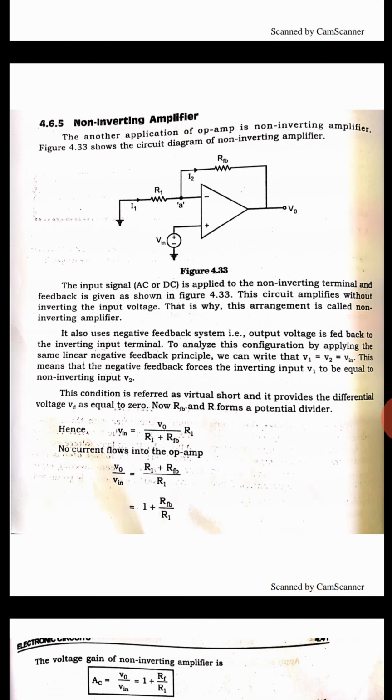Here the junction point of R1 and RF is point A. As I said earlier, this point A is also at V1 right now. By simply applying the potential divider rule at this point, we can write Vin divided by R1 is equal to V0 divided by R1 plus RFB.